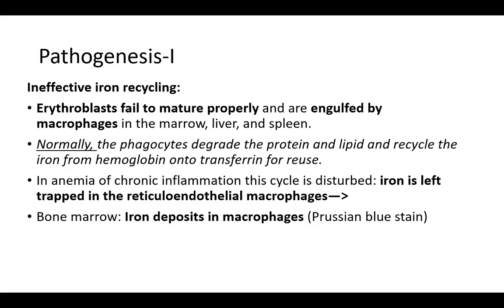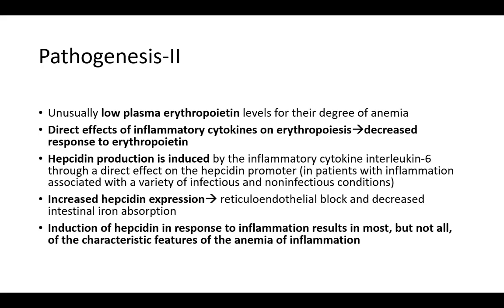Normally, when they are phagocytosed, they degrade the protein and lipid, and the iron is recycled to be used for hemoglobin synthesis further. However, in this case, this cycle is disturbed. Iron cannot be used. It is trapped in the reticuloendothelial system macrophages, which can be seen with Prussian blue staining in the macrophages. So this is one of the basic mechanisms.